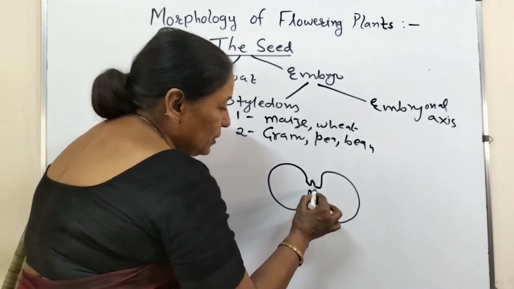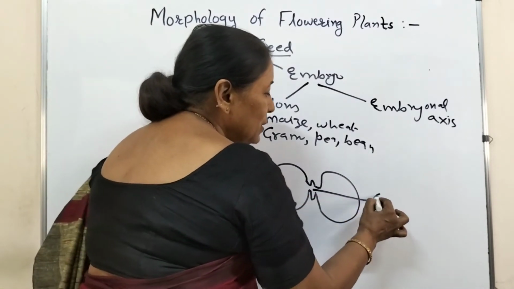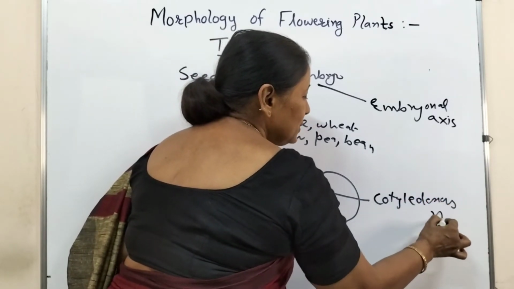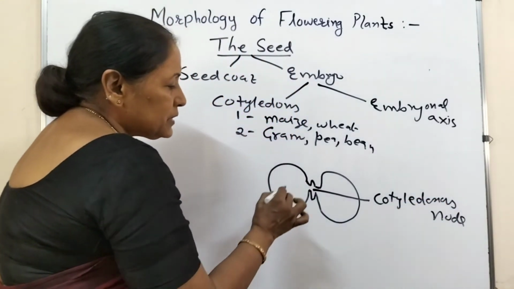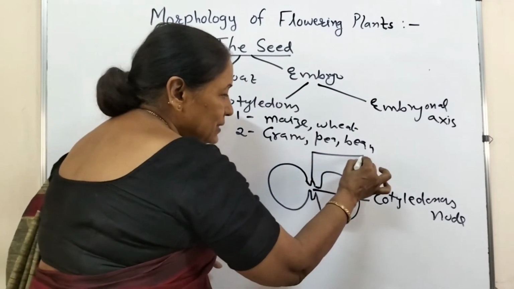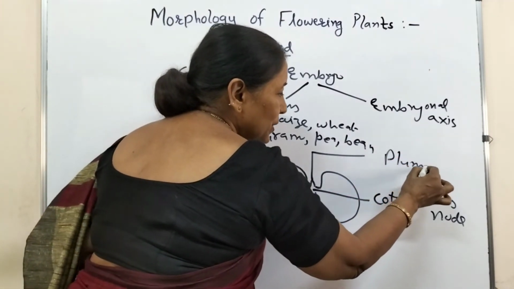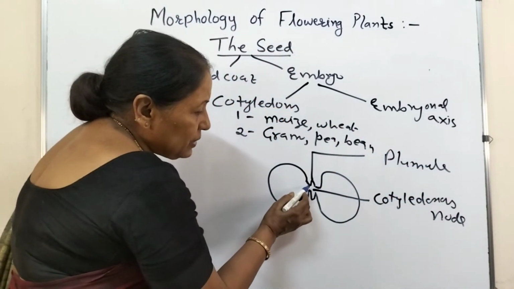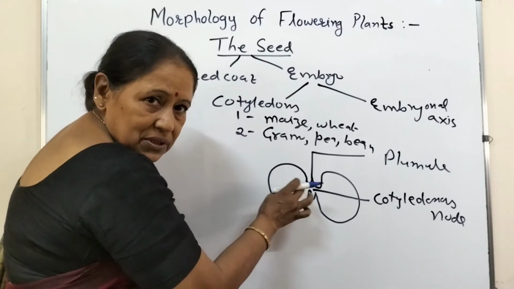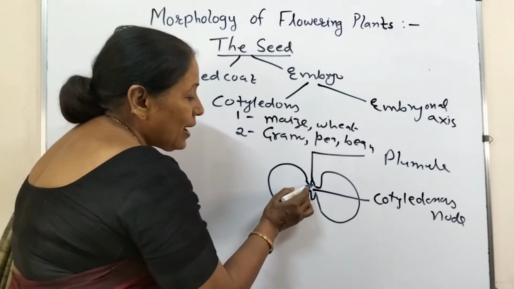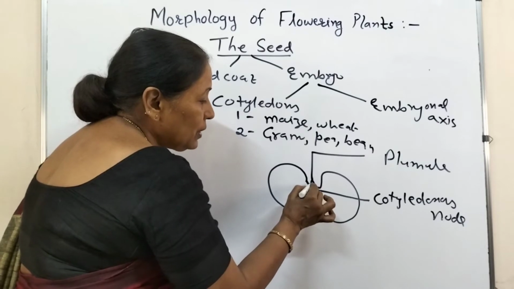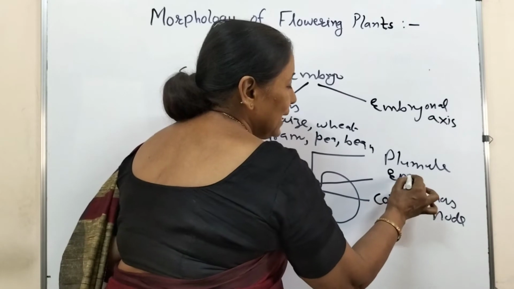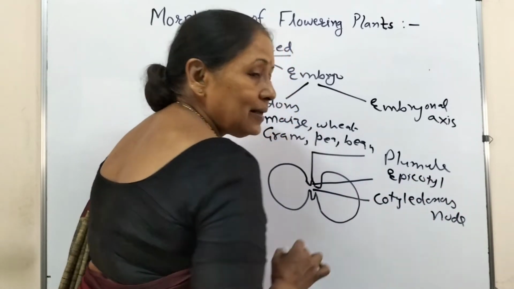This part of the embryonal axis is called the cotyledonary node. On one tip it has the plumule. This plumule is going to form the shoot system. The part between this cotyledonary node, to which the cotyledons are attached, and the plumule is called the epicotyl.